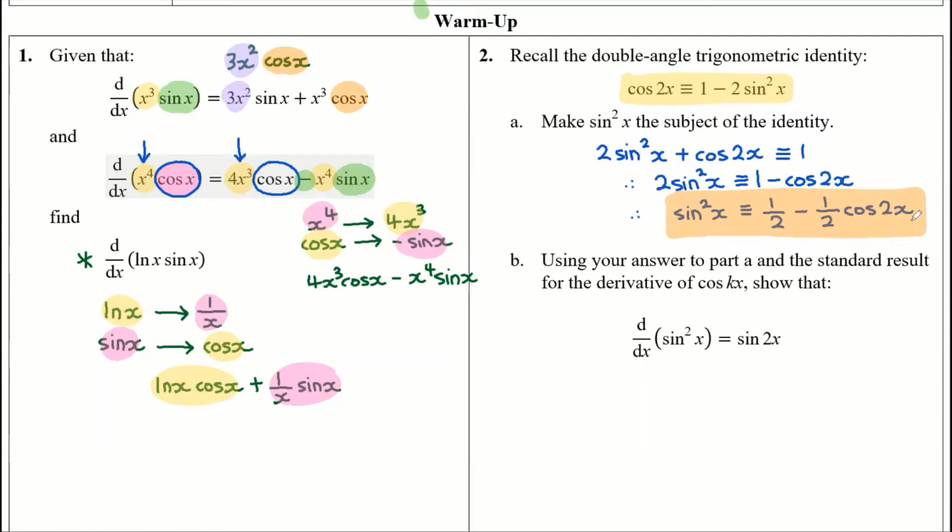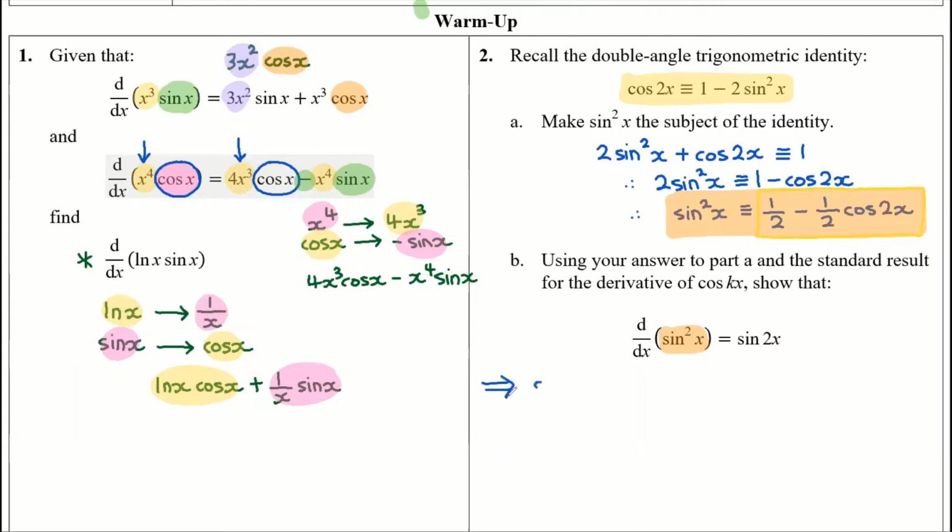It says to use this result. Well, that means I can replace the sine squared x with what I have in my identity. So that's really good. I can replace the sine squared x with all this. So we're going to be differentiating that. I'll write that down as the first step.